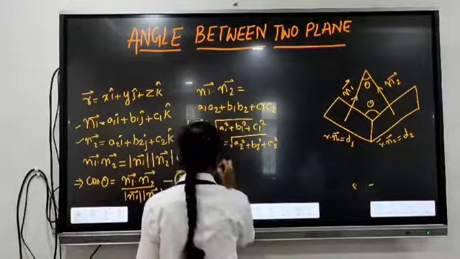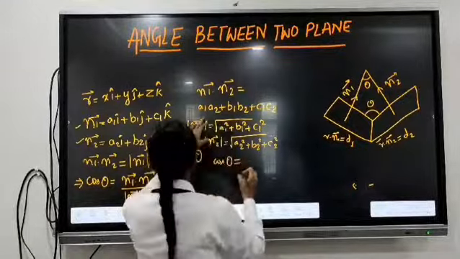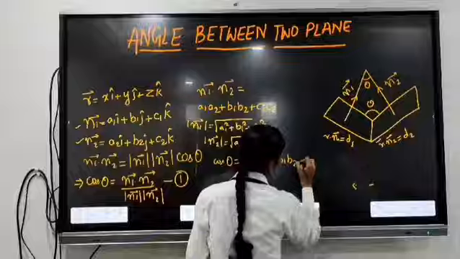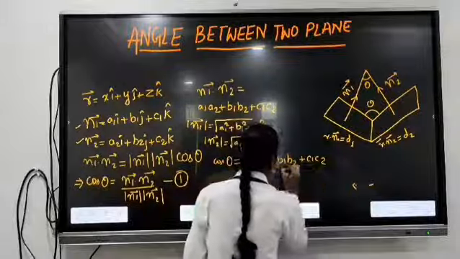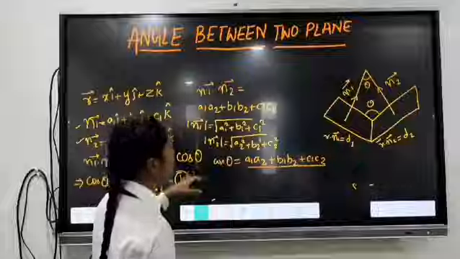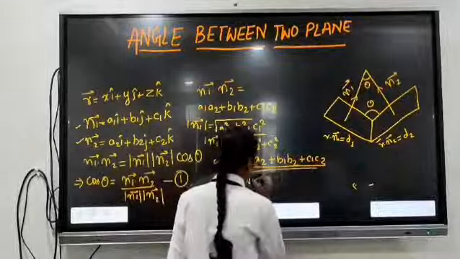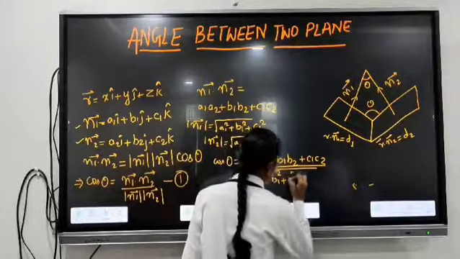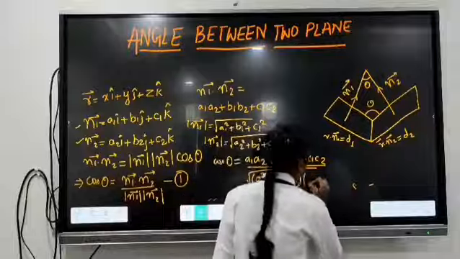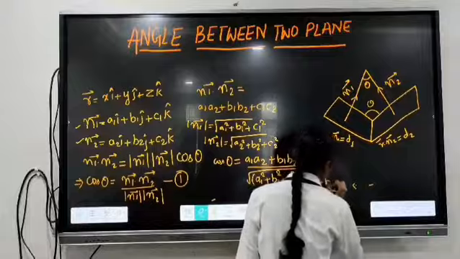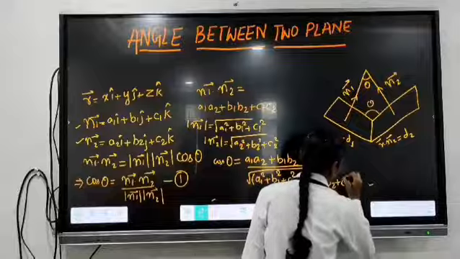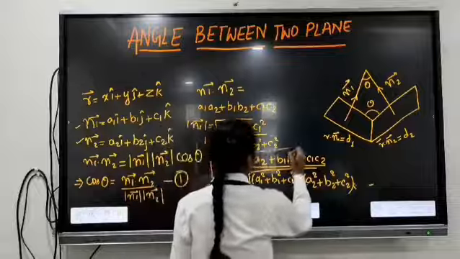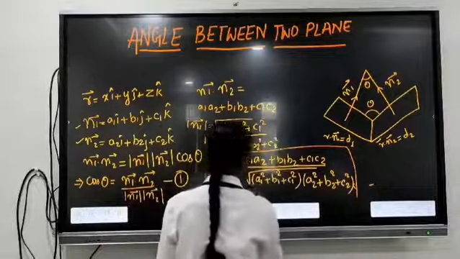So we will get cos theta equals n1 dot n2 vector, which is a1 a2 plus b1 b2 plus c1 c2, divided by the magnitudes of n1 and n2 vector, which are root under a1 square plus b1 square plus c1 square into root under a2 square plus b2 square plus c2 square. So this is the main formula to find the angle between two planes.